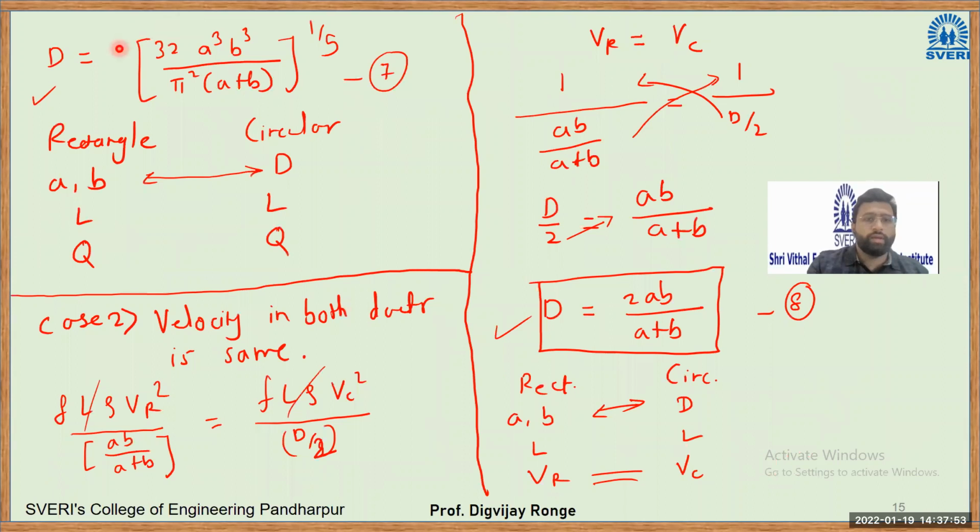Ultimately, you will get D equal to 2AB divided by (A plus B). So it depends on the approach we are keeping in the calculation of the equivalent diameter.